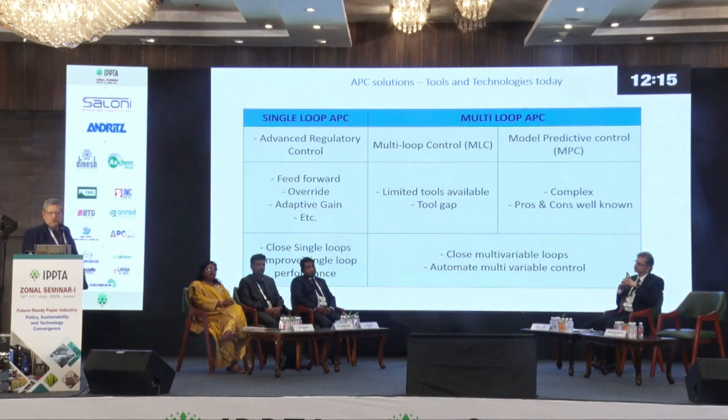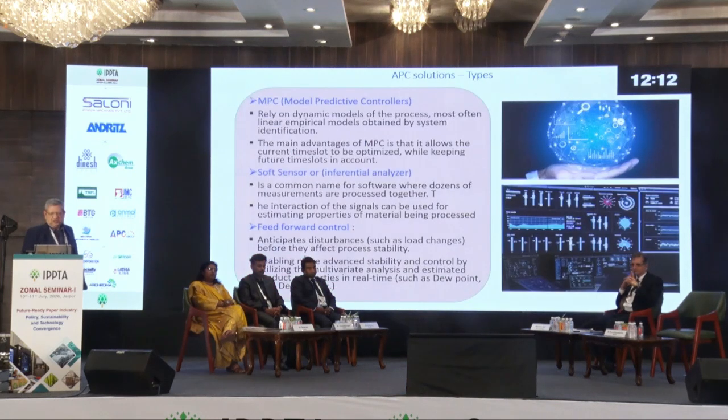Closed multivariable loops automate multivariable control. So basically it consists of model predictive control, then you have the soft sensor, then the feed forward control, which are all used in the process in different ways to optimize.